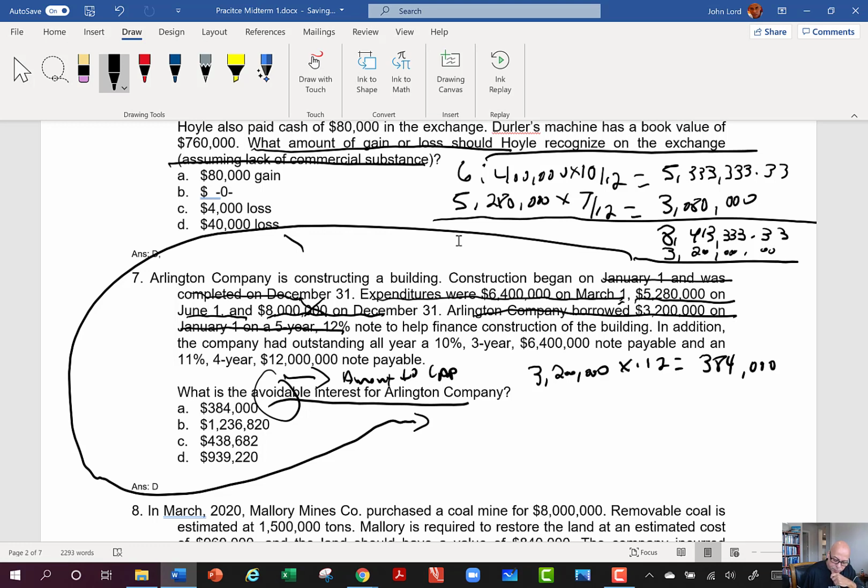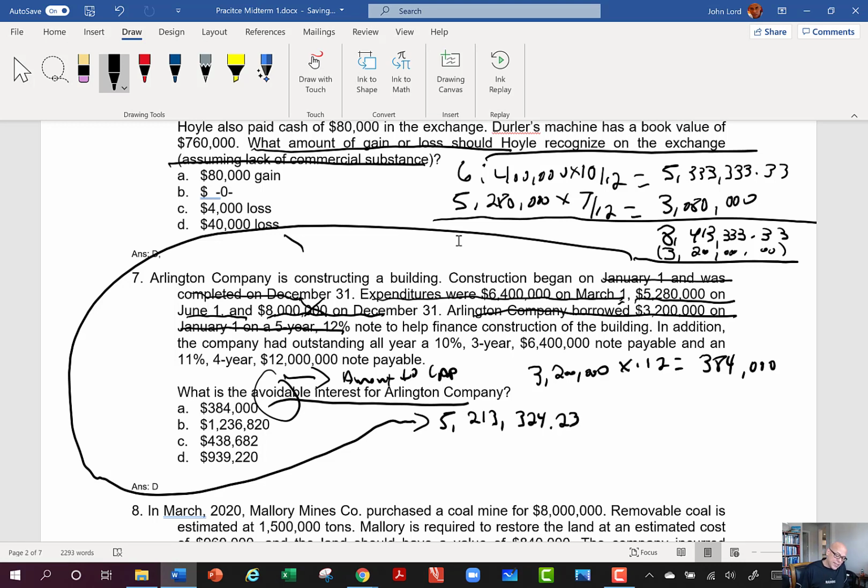The difference between those two numbers is going to be $5,213,324, and 23 cents.